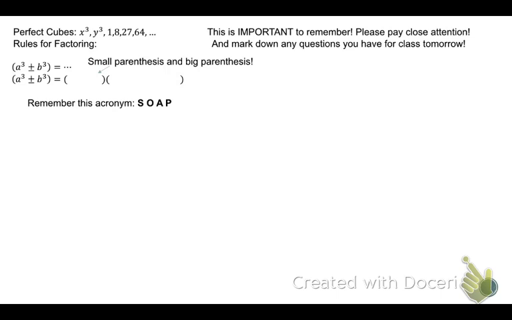SOAP, like what you use to wash yourself. Hopefully you're using soap, or you might be kind of stinky. But in this case, SOAP stands for same, opposite, always positive.